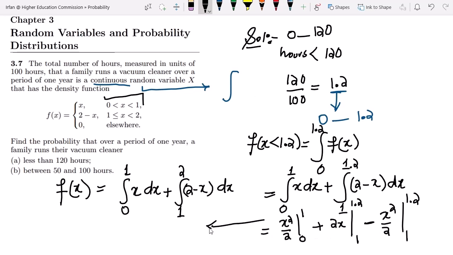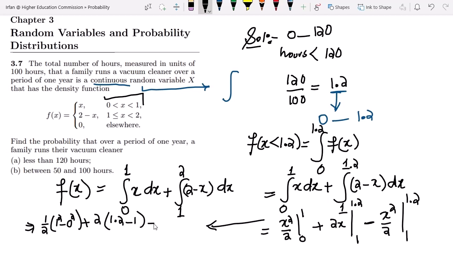Let me solve them here. I can very clearly see that it will be 1 by 2, x square by 2 would be 1 square minus 0 square. Similarly here I will have 2x, so 2 will be outside, and I will have 1.2 minus 1, because this is now x.